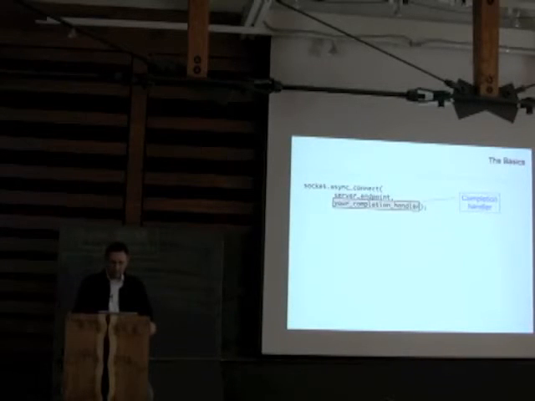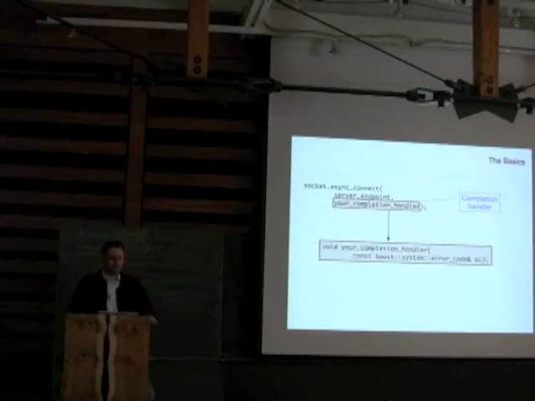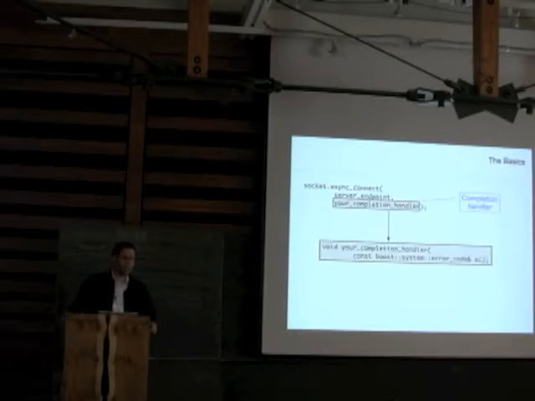Now, every completion handler in ASIO has a signature, and in the case of connect, it's just a single function that takes a single argument of a boost error code, a system error code. In fact, almost all of the function objects take as their first argument an error code, which indicates not only whether or not the operation was successful, but also, if it wasn't, the nature of the error.